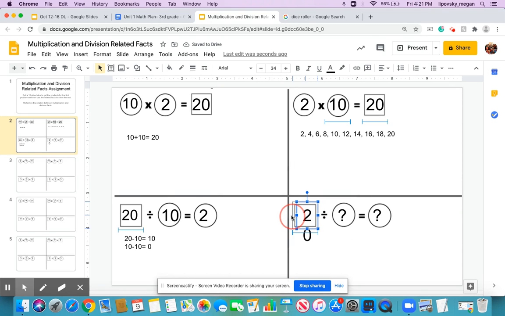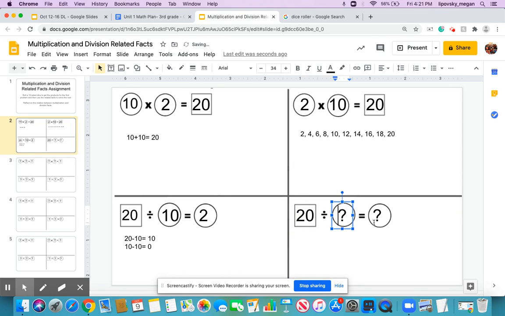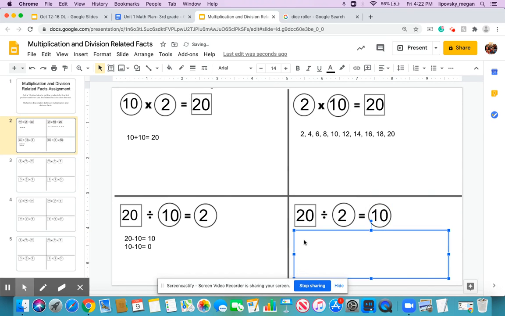And then switching it using the commutative property, I will put this question mark as 2. And let's see if I get 10 as my answer. So the strategy that I can use for this is, again, repeated subtraction.